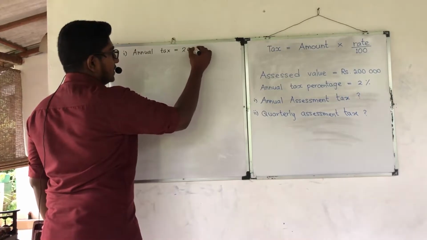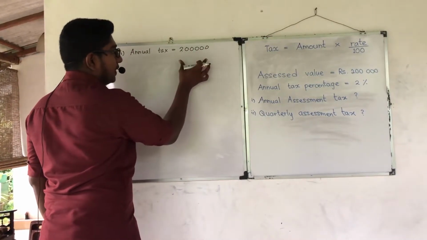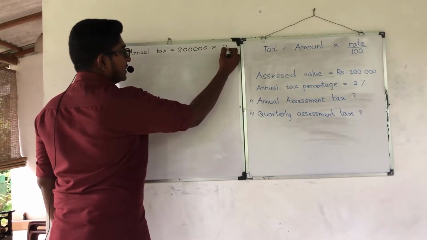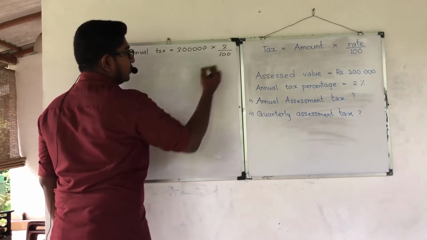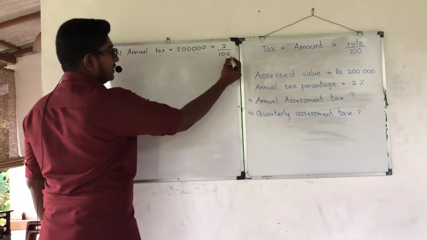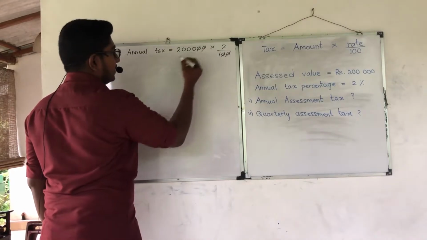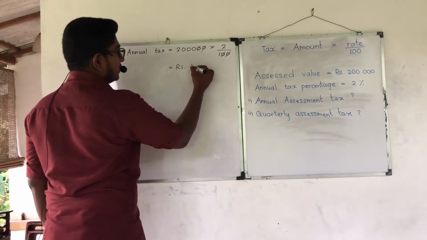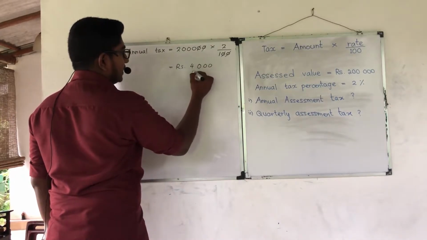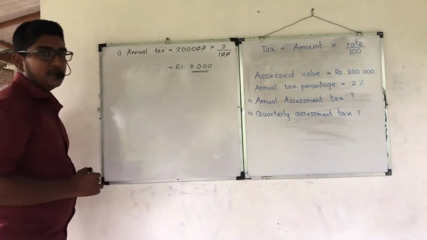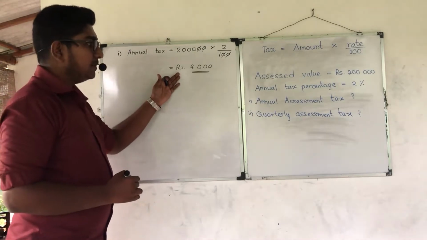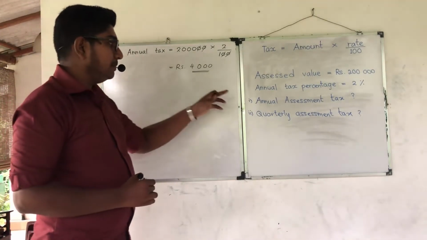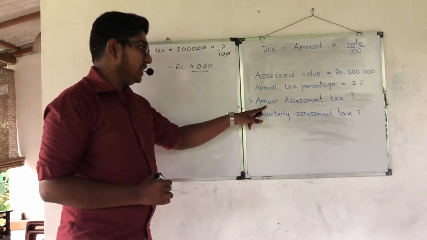So we have to just multiply the amount by the percentage. 2% is 2 over 100. When we simplify this, we will get our tax amount as 4,000 rupees. This 4,000 rupees tax amount must be paid for a year.